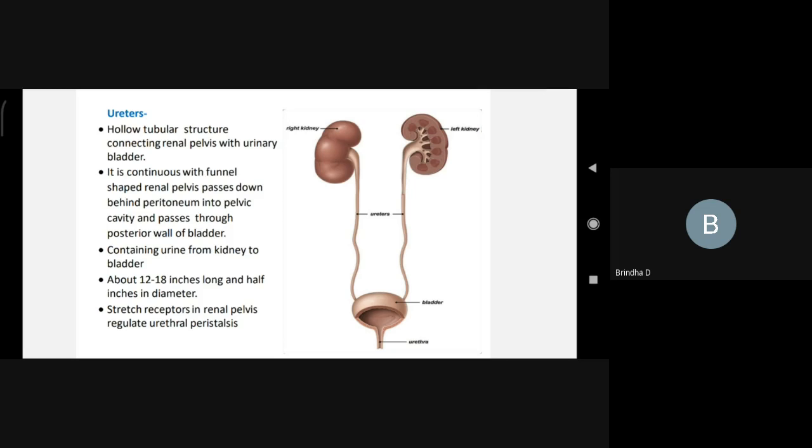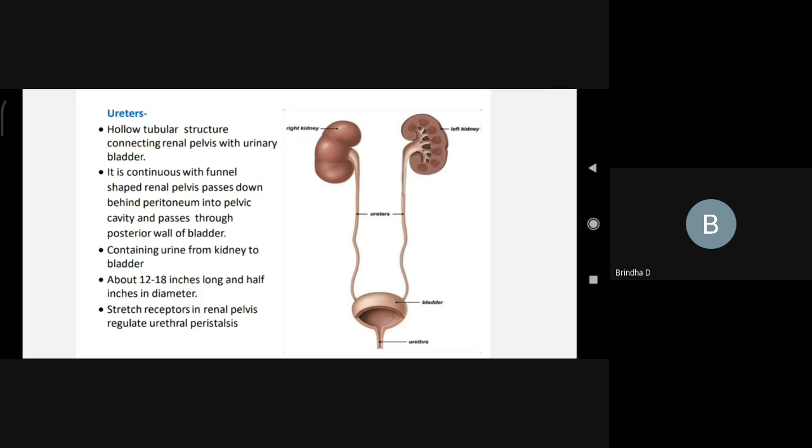It is continuous with the funnel-shaped renal pelvis, passes down behind the peritoneum into the pelvic cavity, and passes through the posterior wall of bladder. Right? It joins the bladder on the posterior side.